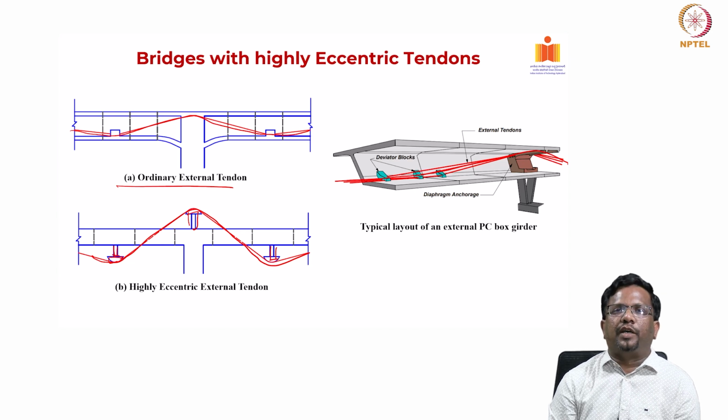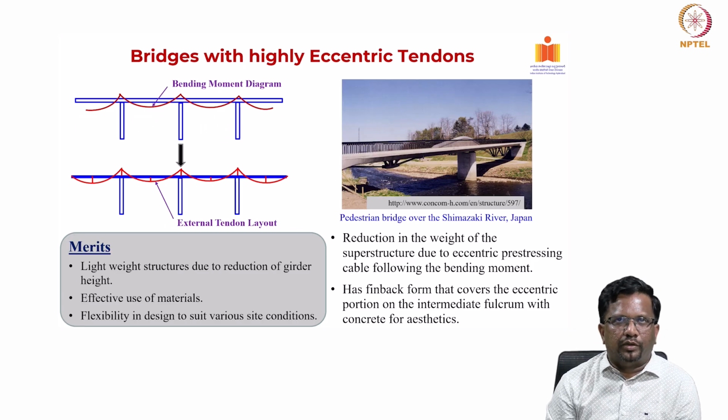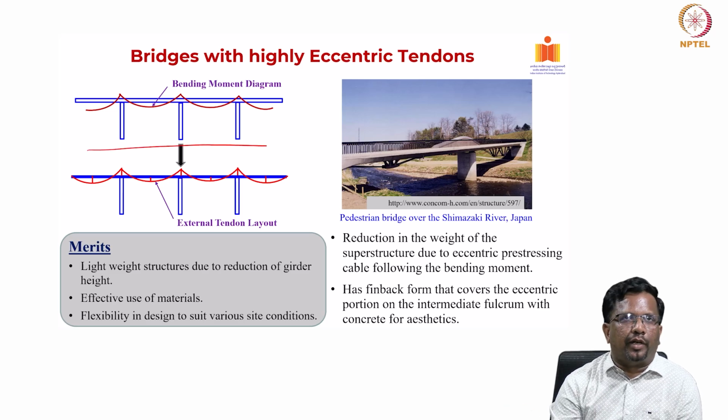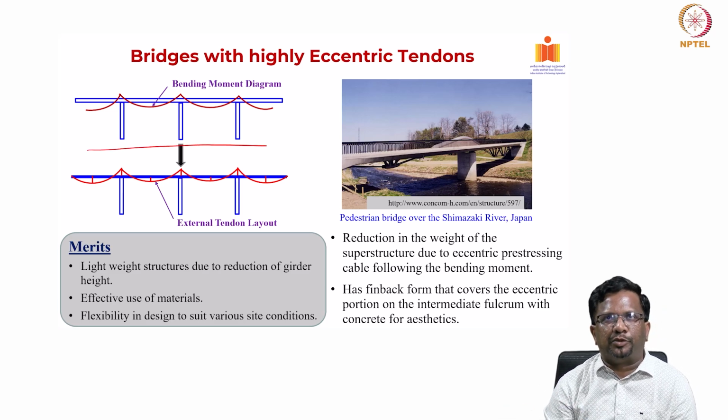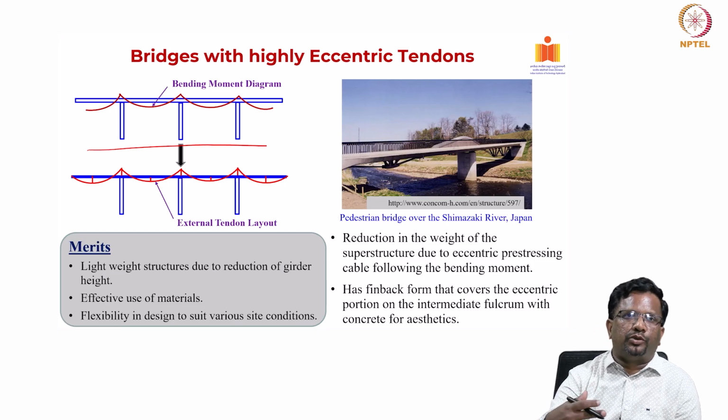So, this is called a highly eccentric external tendon, which can help you optimize the design quite well. For example, this is a continuous system that you see here, and this is the typical bending moment diagram that you will get, negative moment at support, positive moment at midspan and so on, right. So, my external tendon layout also should follow that.